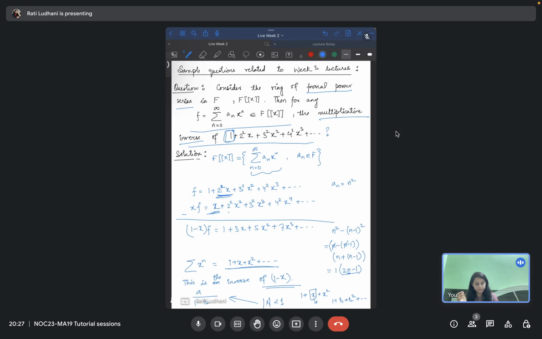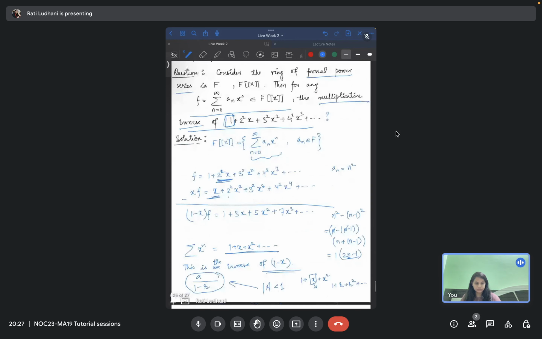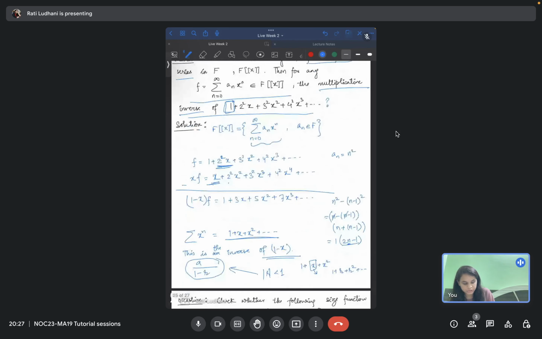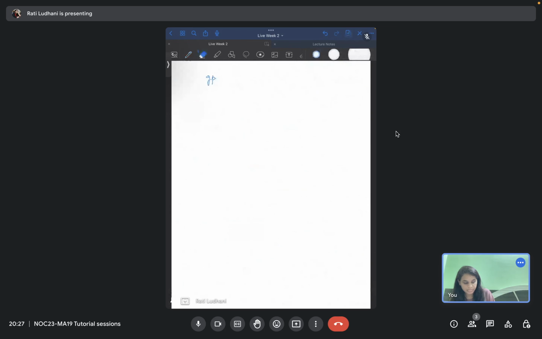Then you can say that the sum is a by 1 minus r. That used to happen, right? So in geometric progression, you got the sum to be this whenever mod of r is less than 1.